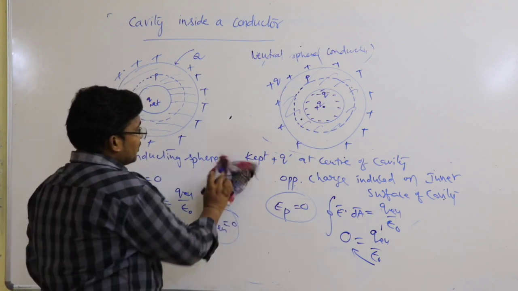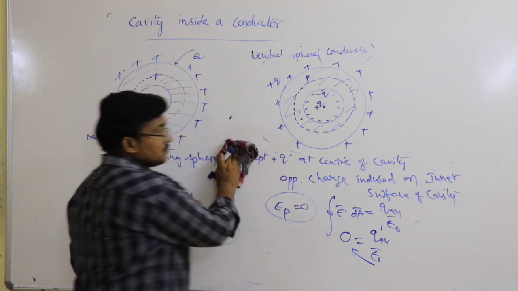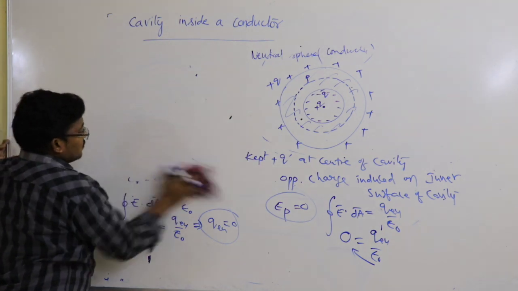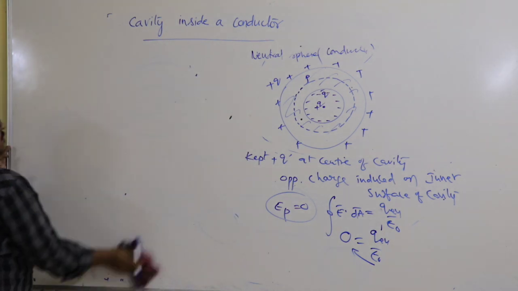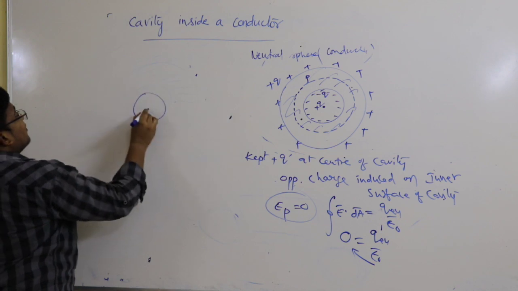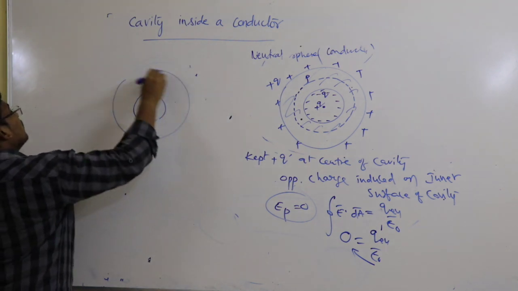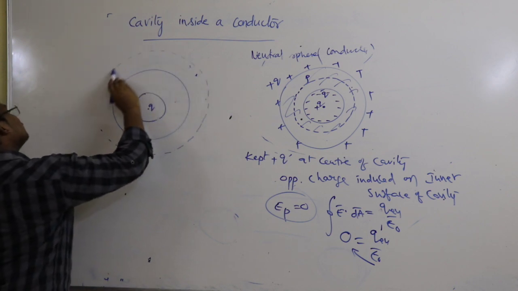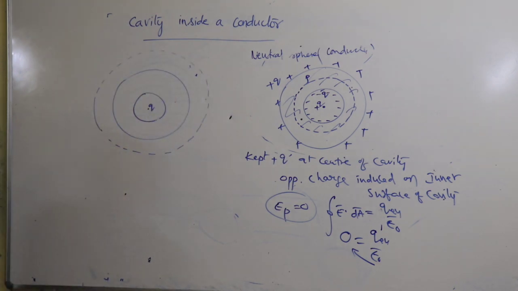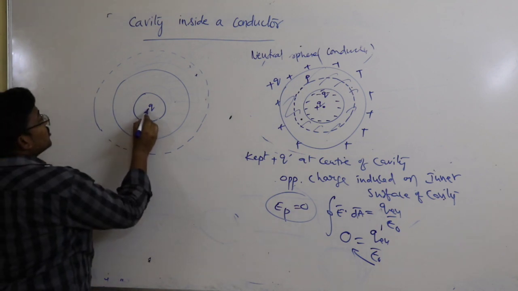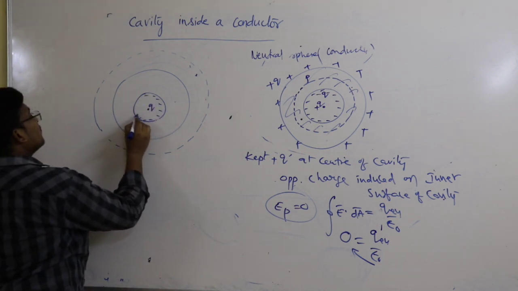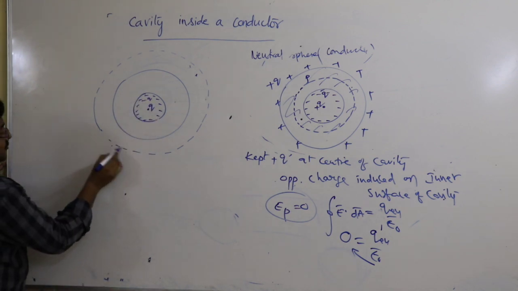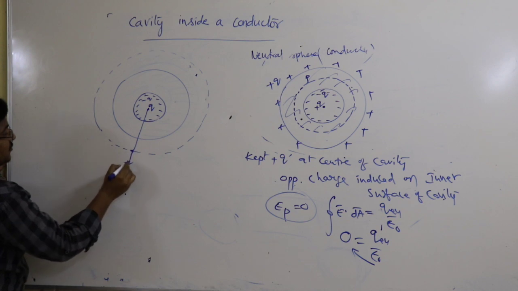Because if I take this cavity with q, now if I take any point outside, we already know that due to this charge, negative minus q is created, and on this Gaussian surface at point P there is an electric field.